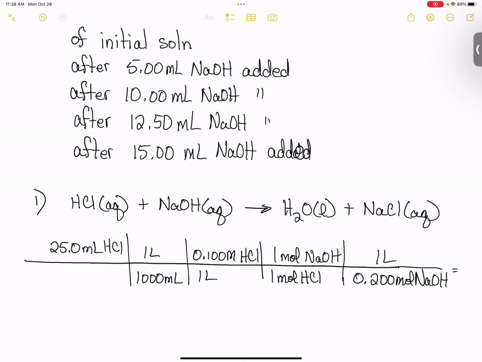When you calculate that out, it should come out to be 0.0125 liters, or in other words, it is equal to 12.5 milliliters sodium hydroxide.